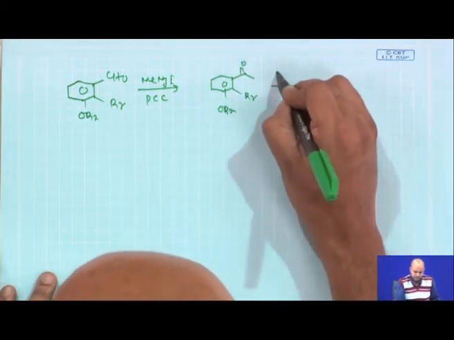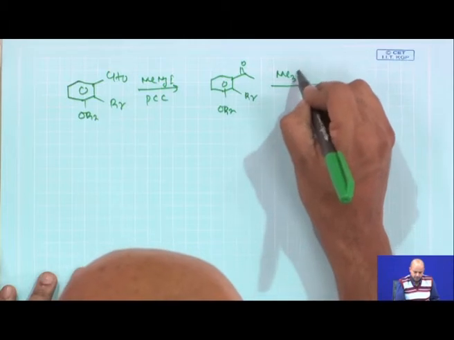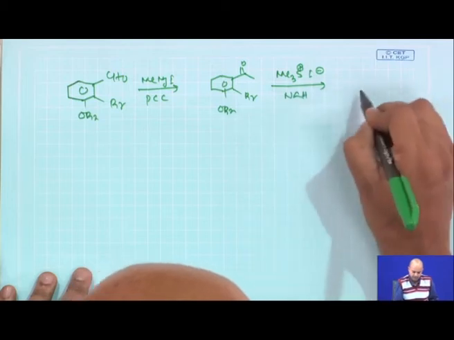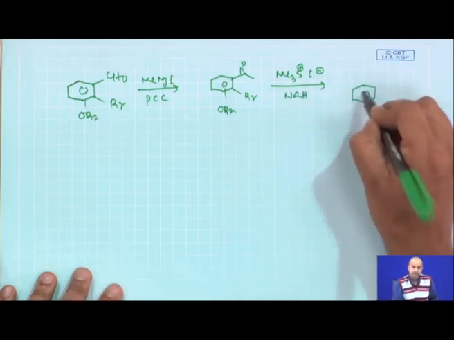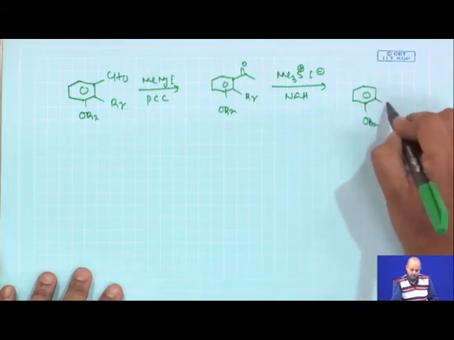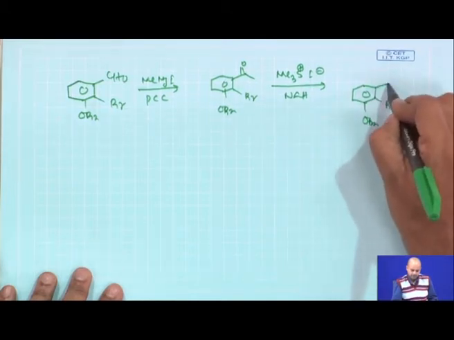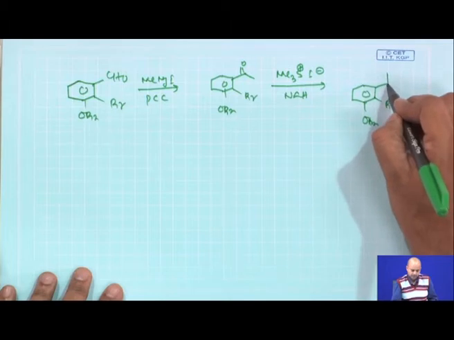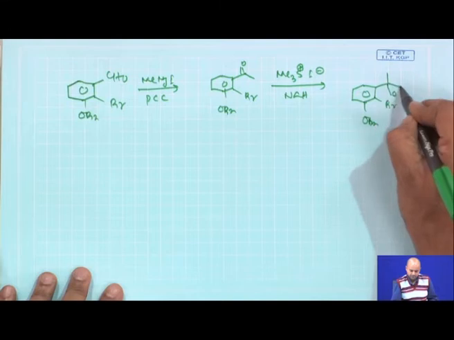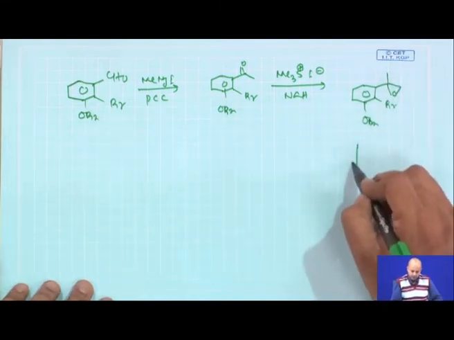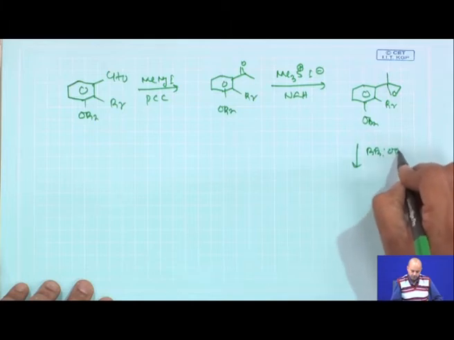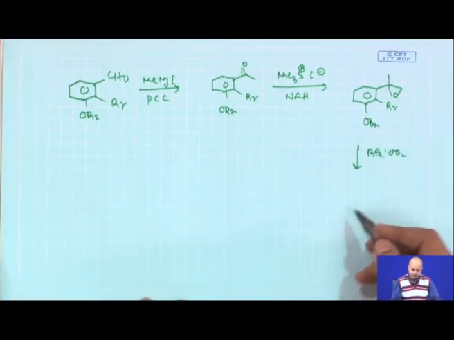Then the Corey-Chaykovsky reaction: trimethyl sulfonium iodide and sodium hydride will get the corresponding epoxide. You get this. Now, you put the BF3 for your Meinwald rearrangement.